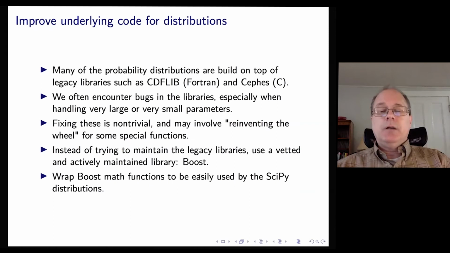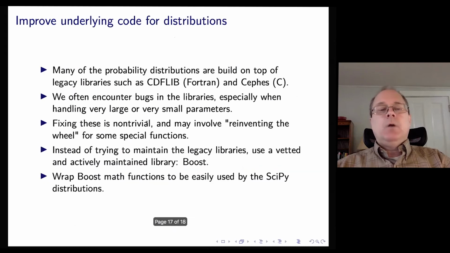So what we're looking at is providing tools to wrap the Boost math libraries for use in SciPy, especially for the distributions and their PDF methods and CDF methods and so on, to avoid some of the problems we have in the old legacy libraries. This is work that Nicholas McKibben is doing a lot of work on. He's doing some great work on generating wrappers automatically from Boost. That should be a pretty cool thing when it's all fleshed out.